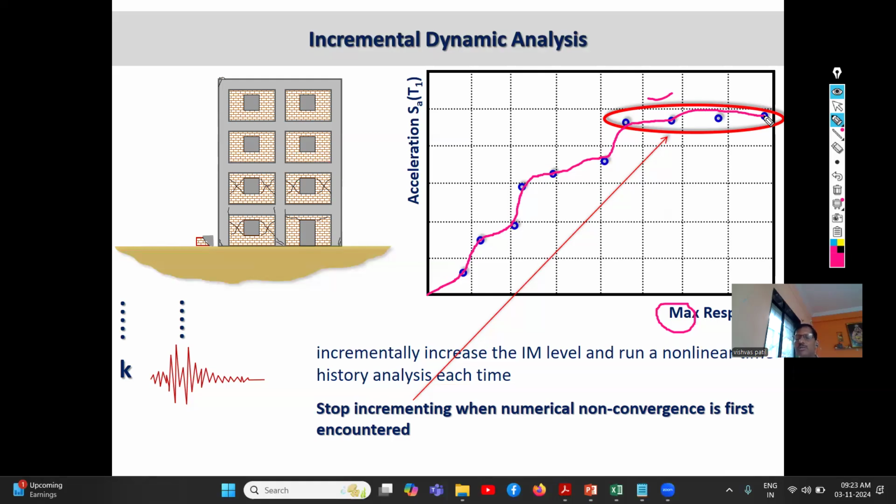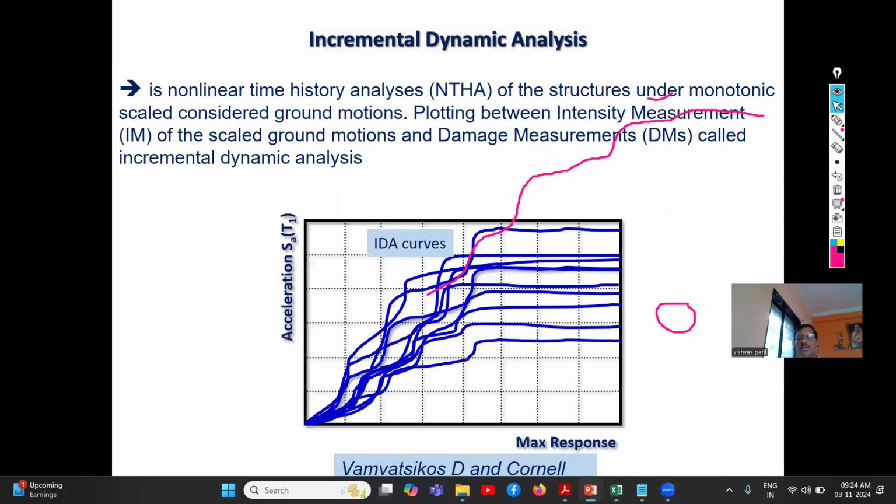Then repeat the procedure for ground motions 2, 3, 4, 5, and so on. Whatever ground motions you have taken, you will finally get a suite of curves like this. So this is the incremental dynamic analysis. In my next video, how to generate a fragility curve by using these incremental dynamic curves is the next part. So thank you.